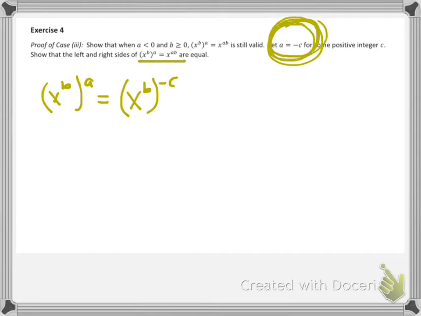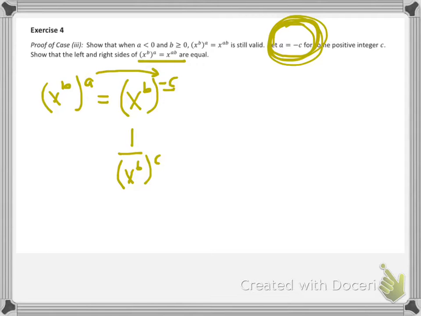We said a is going to be equal to -c, so we made that change. And then from there, we know that a negative exponent can be changed into the reciprocal, changing that to a positive exponent. Oops, I'm sorry, I forgot my reciprocal. We have 1 over x to the b raised to the c power.